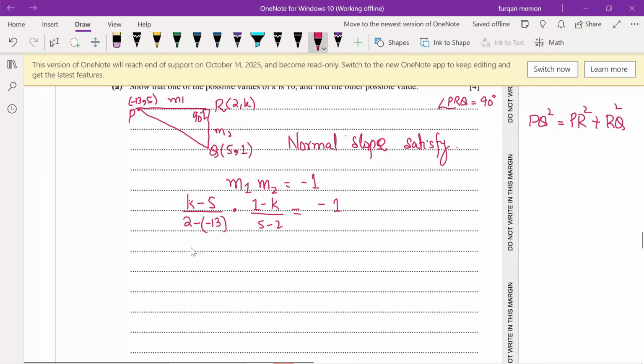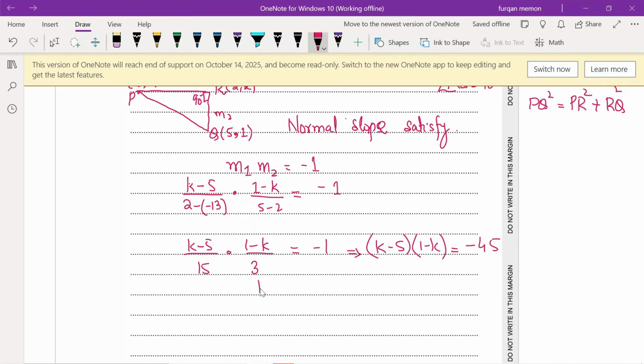When we solve it, we get (k minus 5) over 15 times (1 minus k) over 3 is equal to negative 1. So (k minus 5) times (1 minus k) equals negative 15 times 3, which is negative 45.